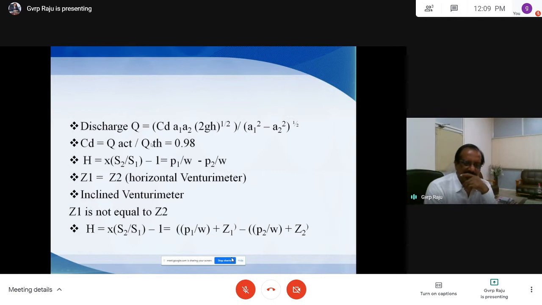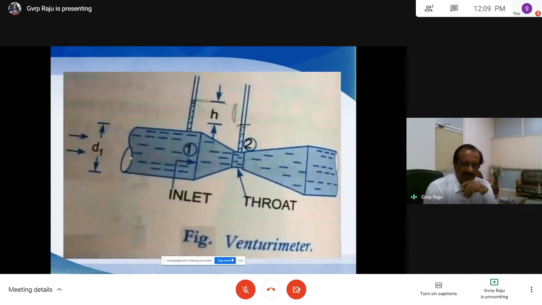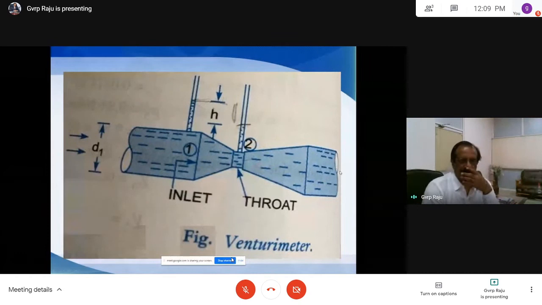Theoretical discharge is the quantity of water which is supplied to the pipe, and the actual discharge is the quantity of water which is available from the exit.